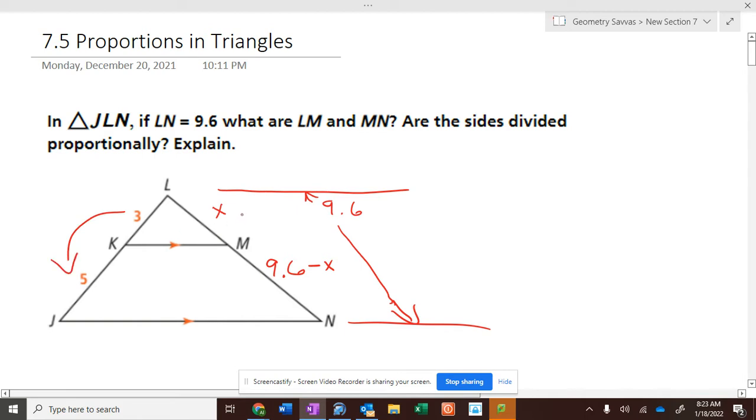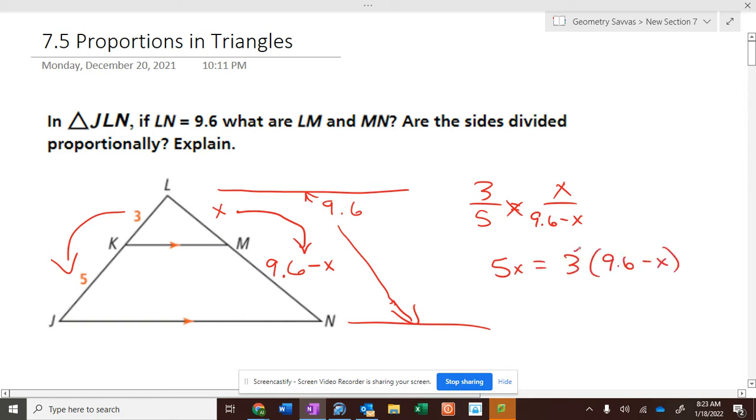This over this equals this over this. 3 over 5 equals x over 9.6 minus x. How do you solve a proportion? What's our magic word? We cross multiply. 5x equals 3 times 9.6 minus x. So if we distribute, 5x equals 3 times 9.6, which is 28.8, minus 3x.